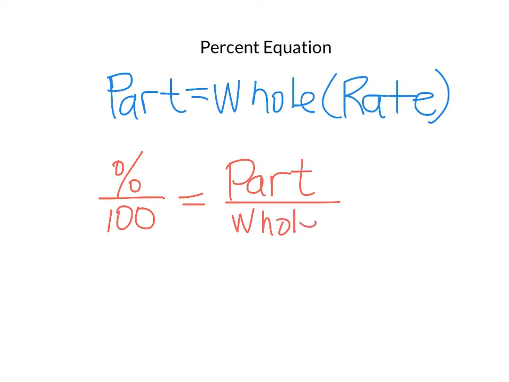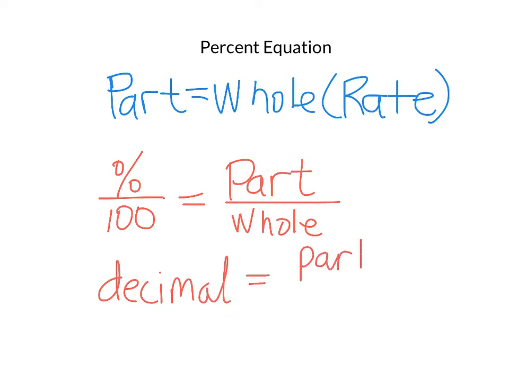Well, we start by going ahead and dividing the percent by 100, and that turns it into the decimal. Then, in order to get rid of the denominator, we multiply both sides by the denominator.